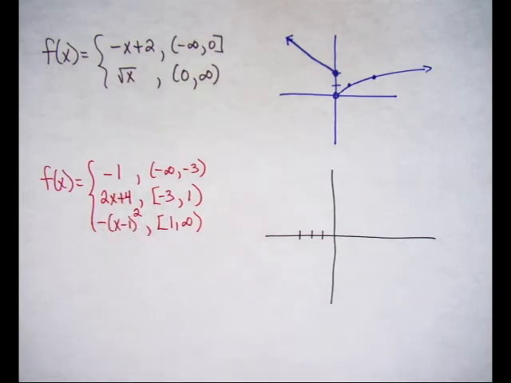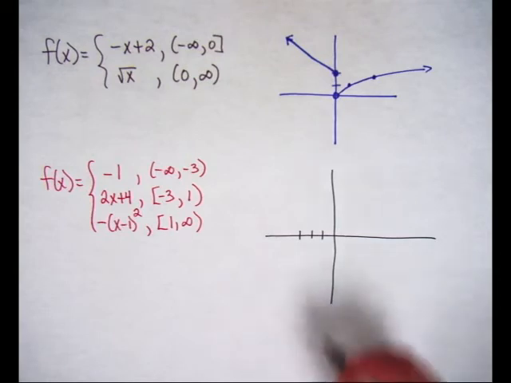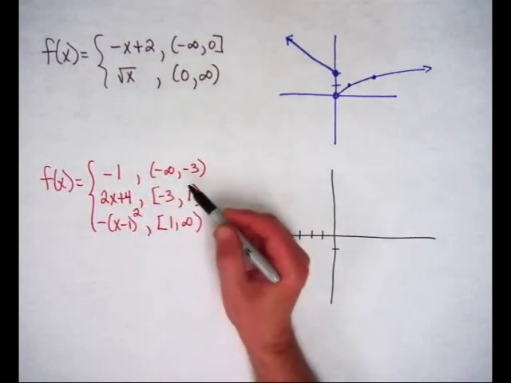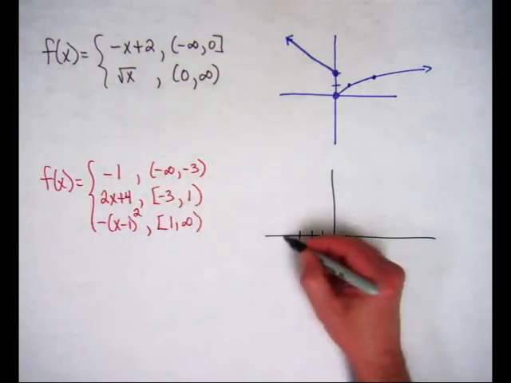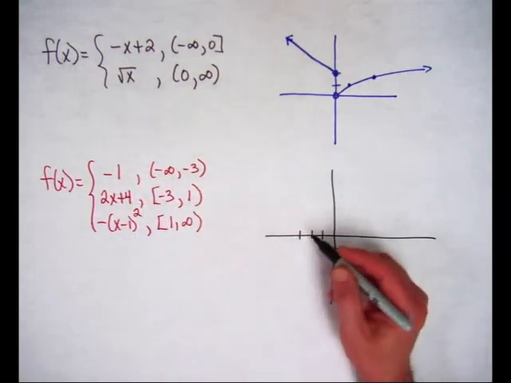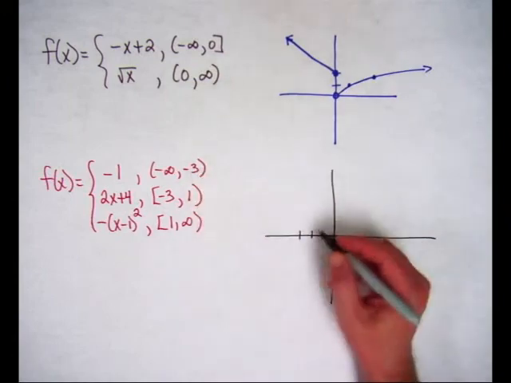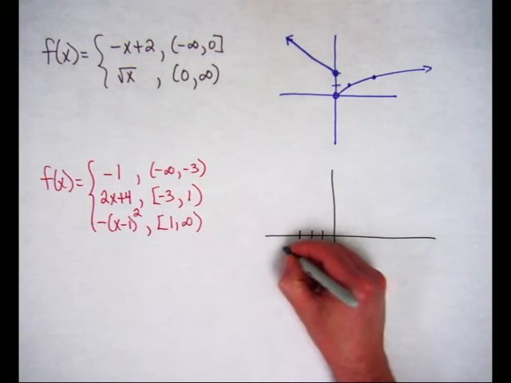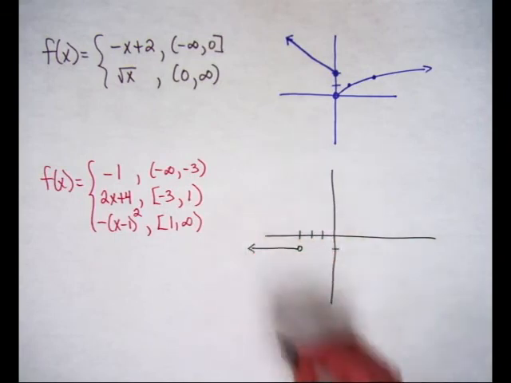No matter what you plug in for x, you're always getting -1. If I plugged in -3 into here, I'd get -1. If I plugged in -4, I'd get -1. So there's going to be an open circle at -3, -1, and a horizontal line traveling to the left all the way to negative infinity.